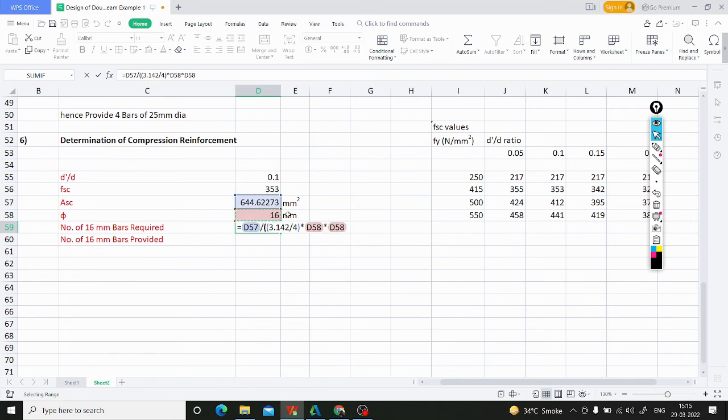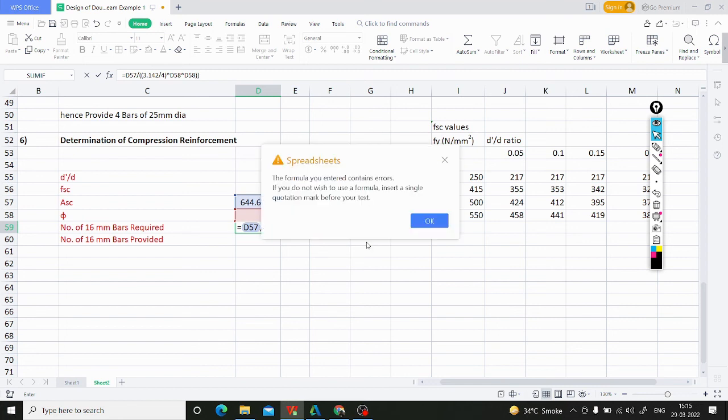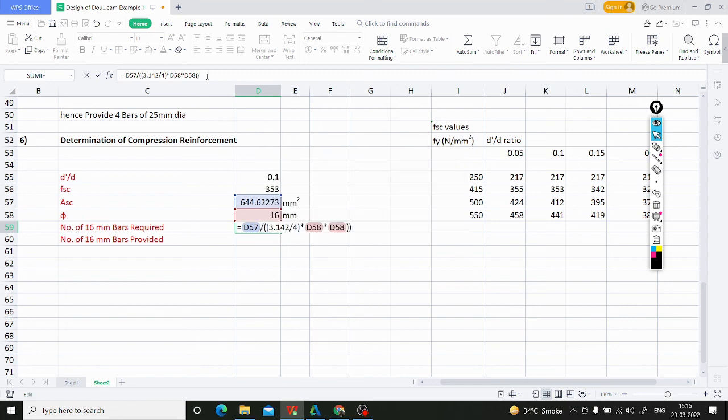Okay, we are getting 3.20 as the number of bars. We can round up this value to a regular value, comma 0. We are getting 4 bars of 16 mm diameter as compression steel.